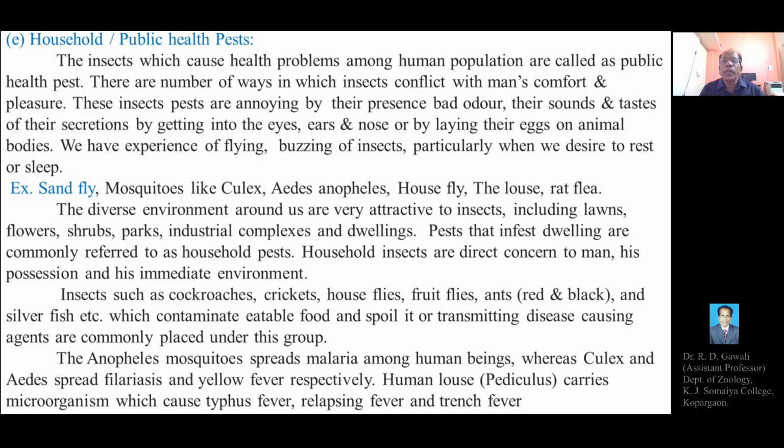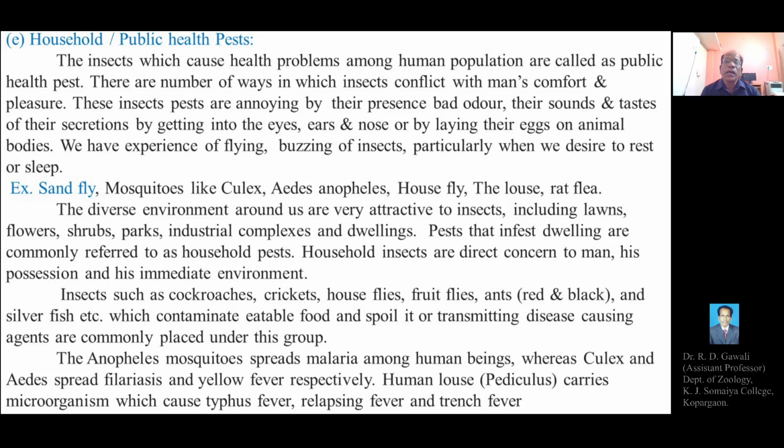The pests that infest dwellings are commonly referred to as household pests. So whatever insect pests occur or come to the houses or dwellings are called household pests.